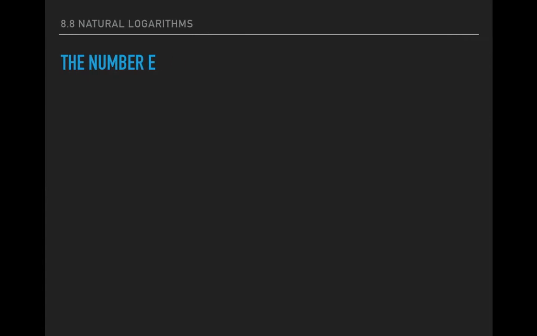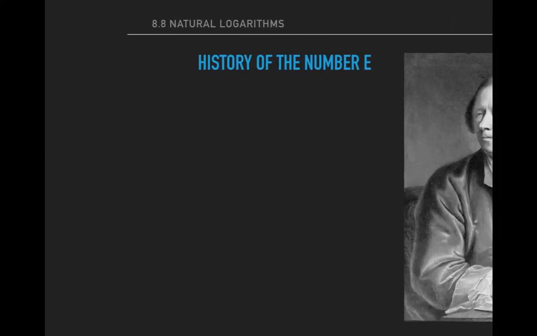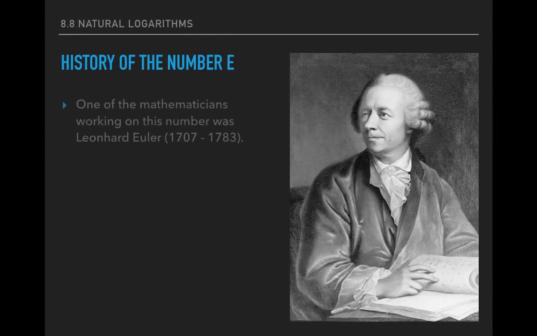The number e. It's often called the natural base, and you'll see shortly why that is. It was discovered in about the 17th or 18th century. But I'm not going to just tell you what the number e is equal to, so hang in there for a little bit longer. In the early 1700s was born a gentleman named Euler.